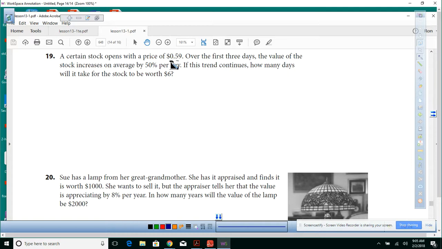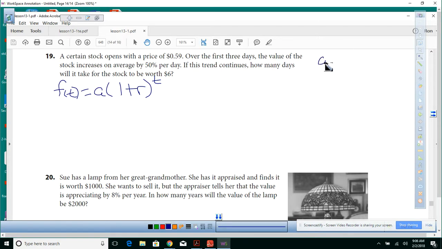Okay. I think you had some word problems that were similar to this. And the formula that we use, the algorithm, is f of t equals a times 1 plus r to the t. Okay, this is called exponential growth. So now we just got to figure out what's what.